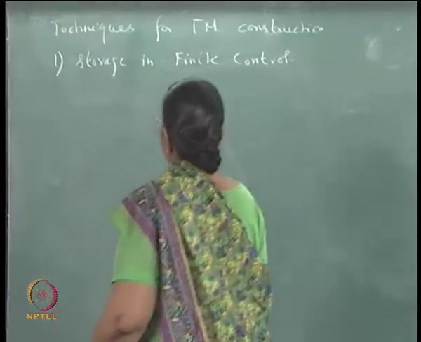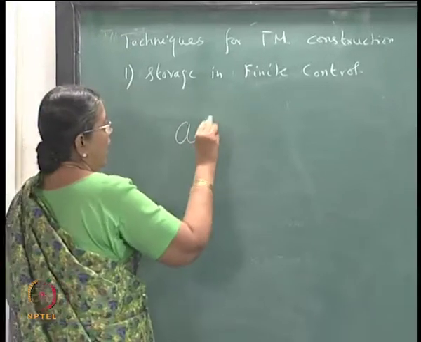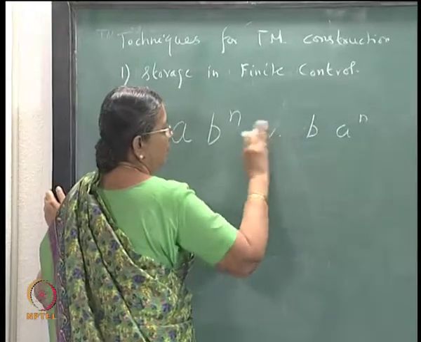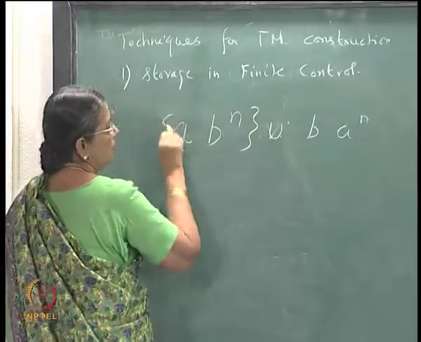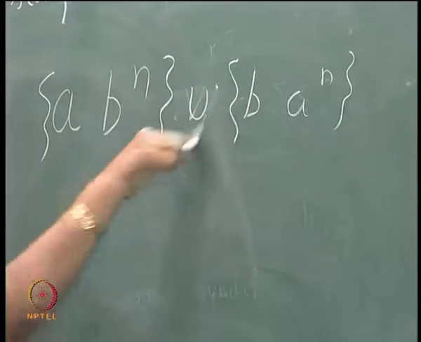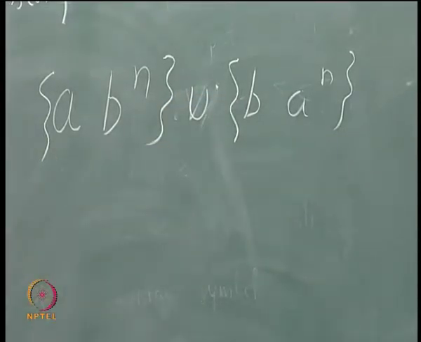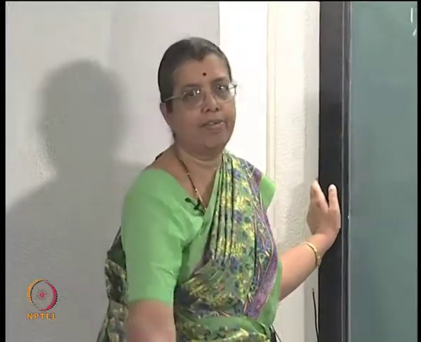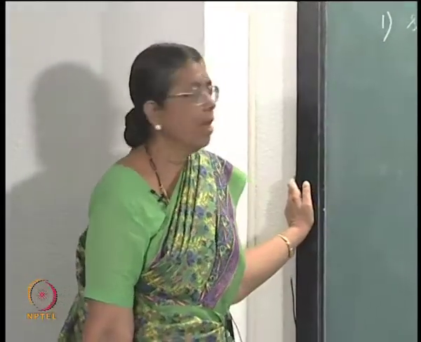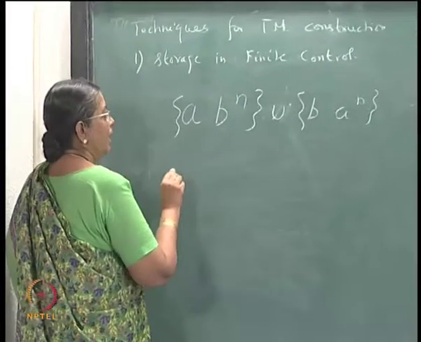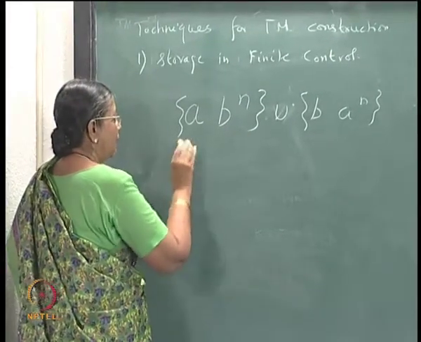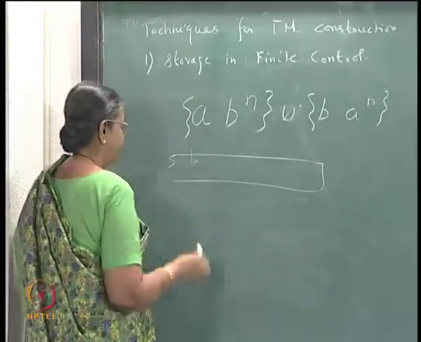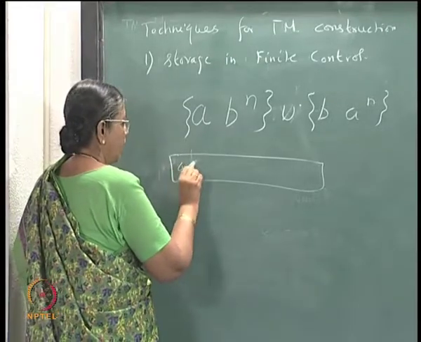For example, suppose I want to accept a b power n or b, that is, the first symbol should not be repeated again. It can be over another alphabet also, ABC you can take; the first symbol should not occur afterwards. So, in the store, when it reads the A, the tape will contain something like this: left end, you can start here, ABB.